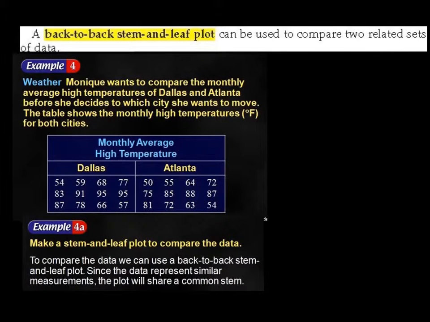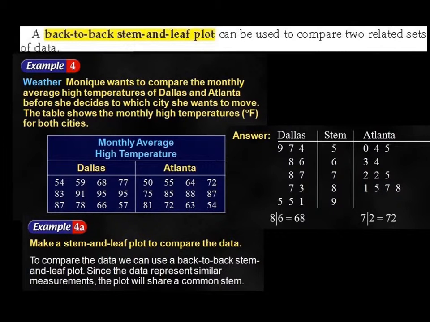Since the data represents similar measurements, the plot will share a common stem. So the stem that's the same is the tens place. So for Atlanta, 50 is 50, but for Dallas, it'd be 54 to represent 54.